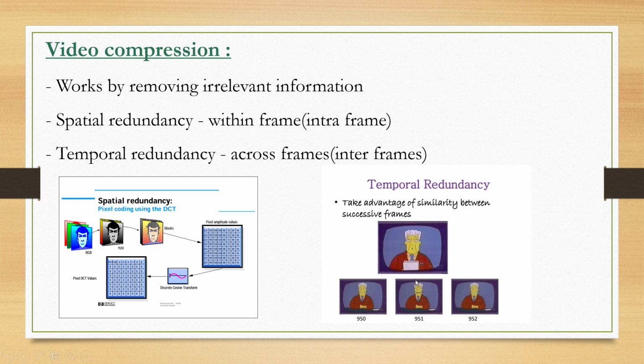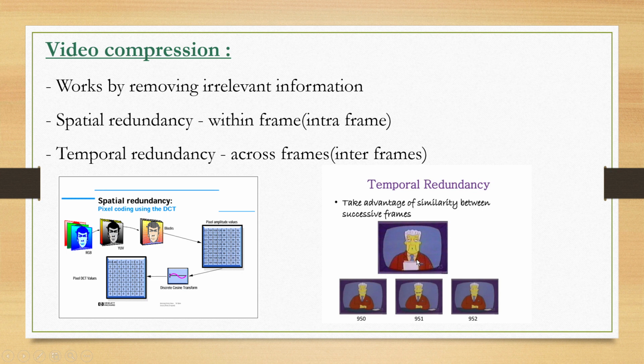Here you can see one image in which he is sitting normally, holding some papers. But in this next frame, he is not holding the paper. Here temporal redundancy is applied.